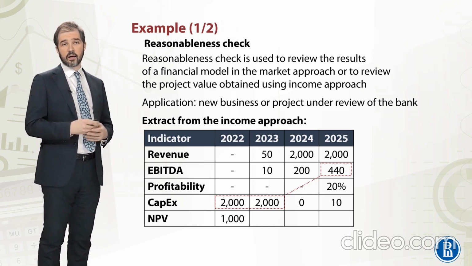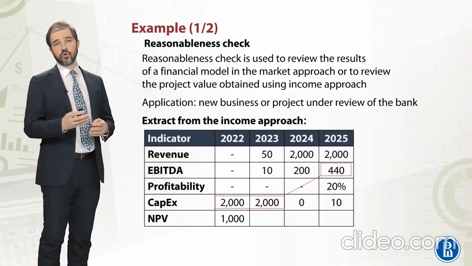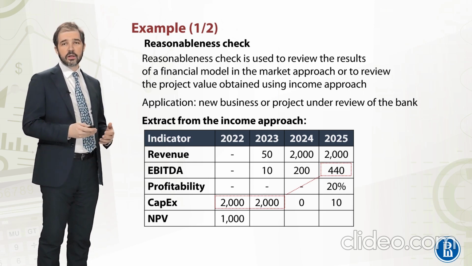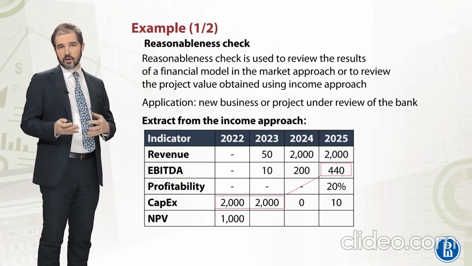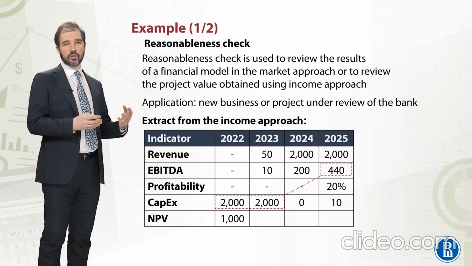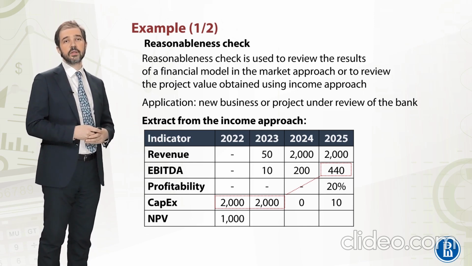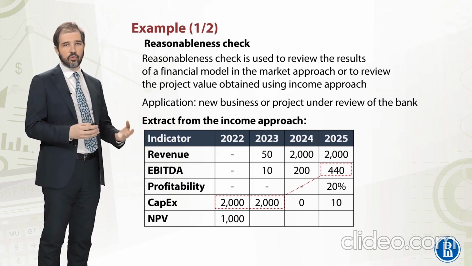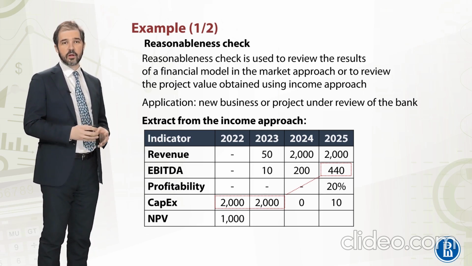methodology. Again, we see an application, a new business or project under review by the bank. It could be a calculation of NPV, or a calculation of fair value of equity, or fair value of invested capital, whatever.